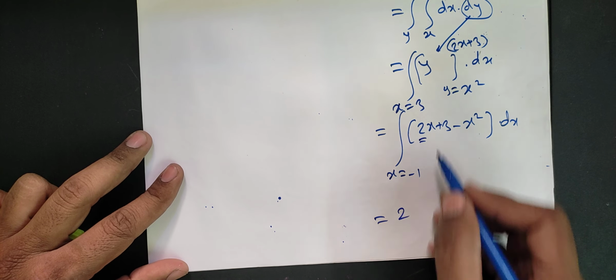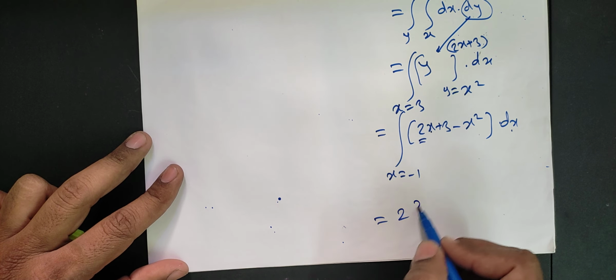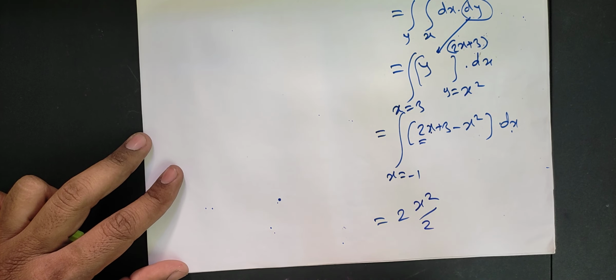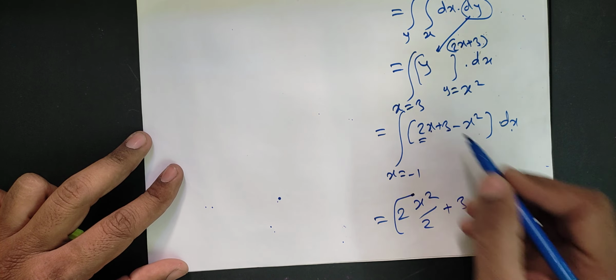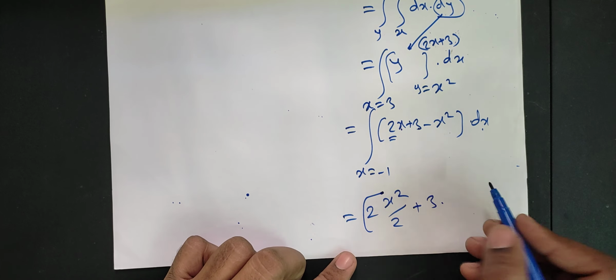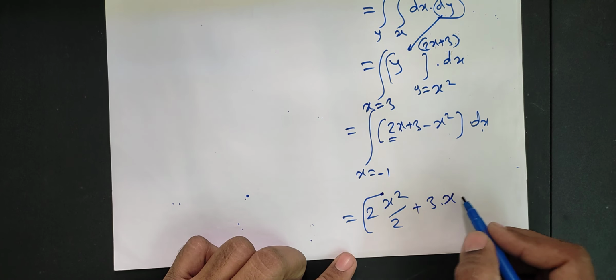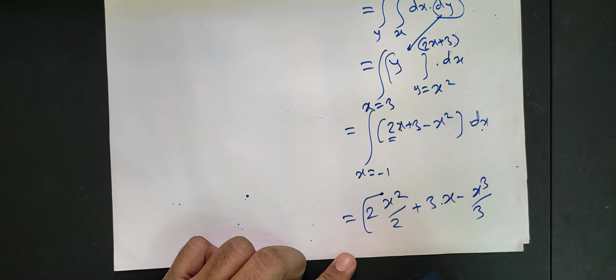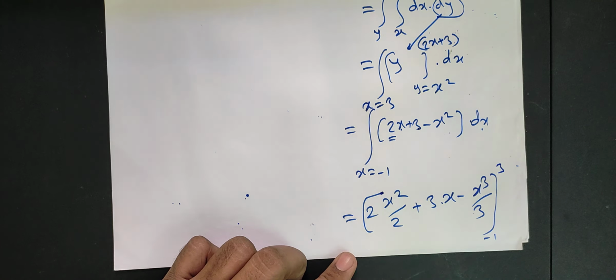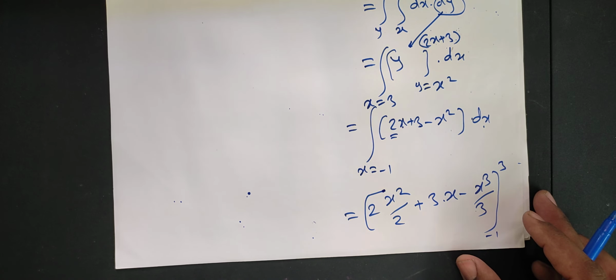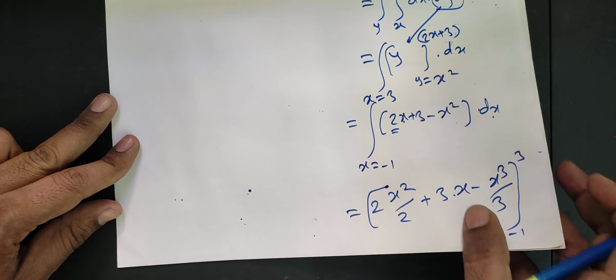The 2 is a constant, the integration of x is x square divided by 2, then plus 3 constant, its integration will be 3x, minus x cube divided by 3. Limits are from minus 1 to 3. Now we substitute the limits.